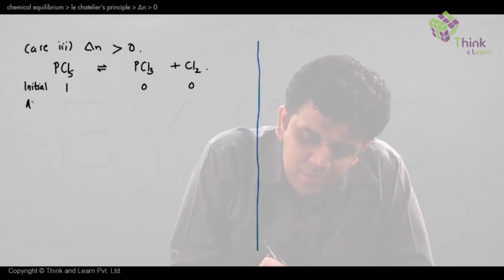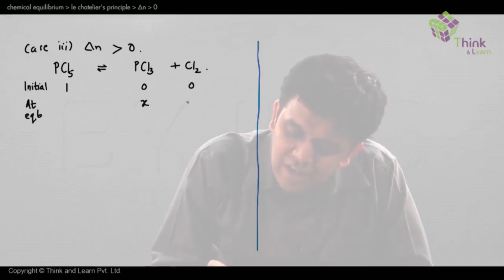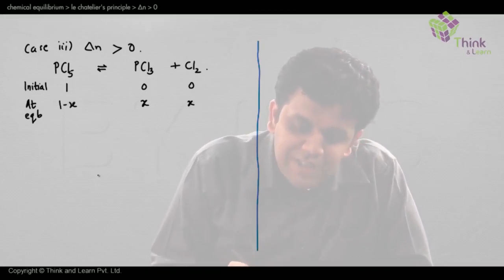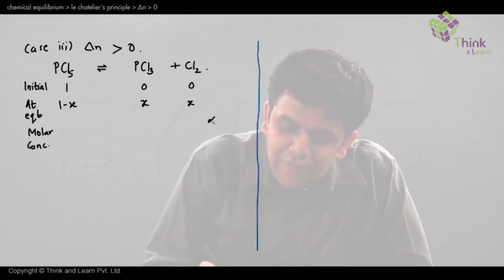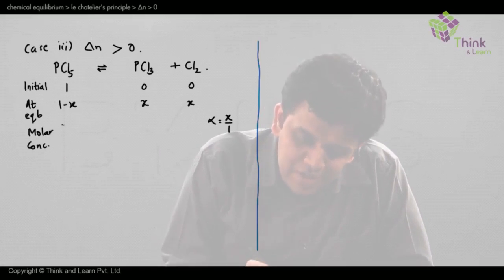At equilibrium, it will be x moles of PCl3, x moles of Cl2 and 1 minus x moles of PCl5. So in terms of molar concentrations, again since alpha is equal to x by 1, I can use alpha and x interchangeably.